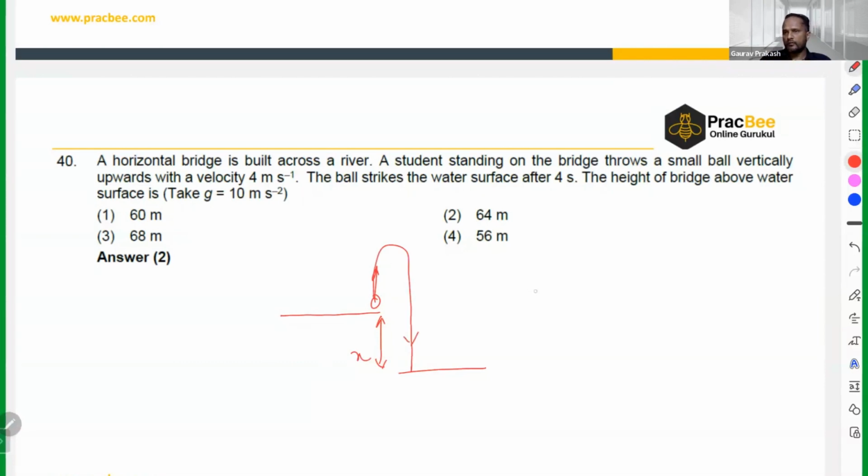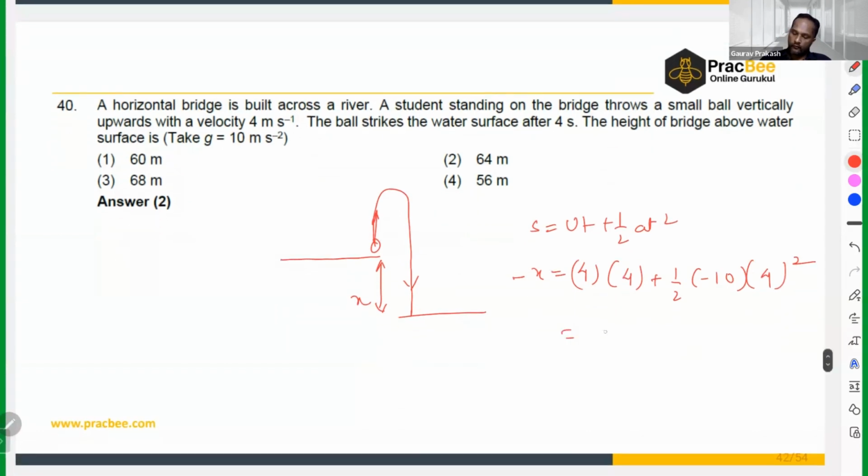Using the formula s is equal to ut plus half at square, x in the downward direction is minus initial velocity 4, the time taken is 4 seconds, and we have 1 by 2, acceleration is minus 10, and this is 4 square. So we have 4 into 4, 16, minus 5 into 16, 80, and minus x. So x comes out to be 64 meter. So second one is the right answer.